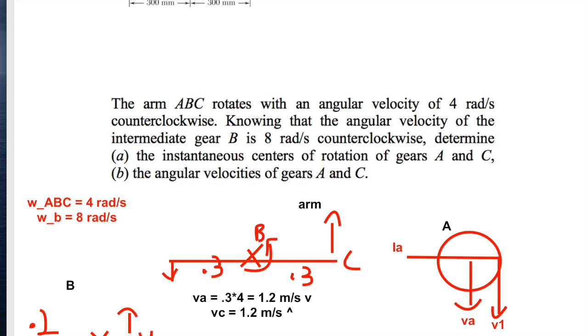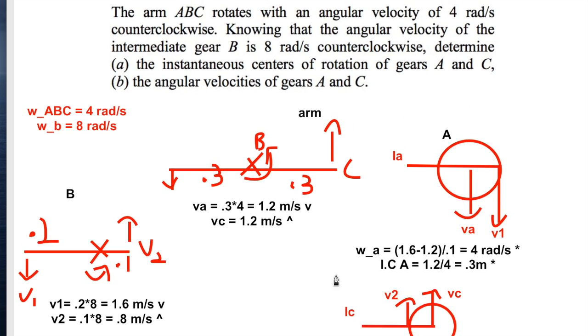Do the same kind of formula, because we know the 8 radians per second angular velocity here for B. So 0.2 times 8 is 1.6 meters per second down, and this instantaneous velocity at 2 is 0.1 times 8, equals 0.8 meters per second going up.